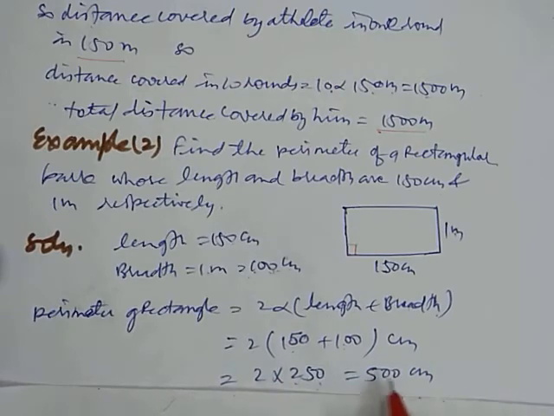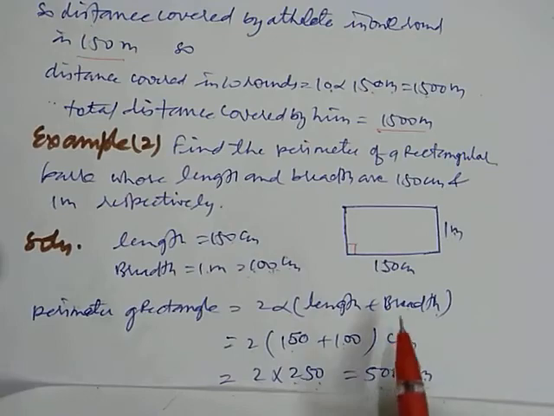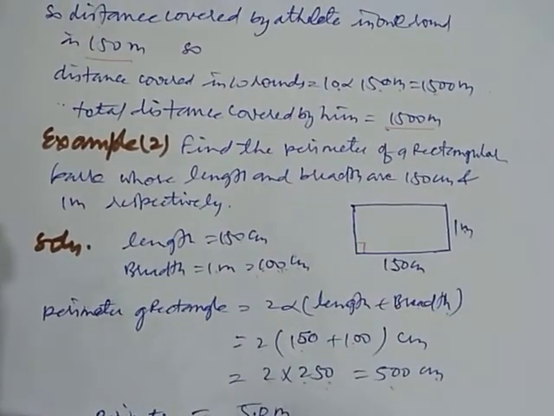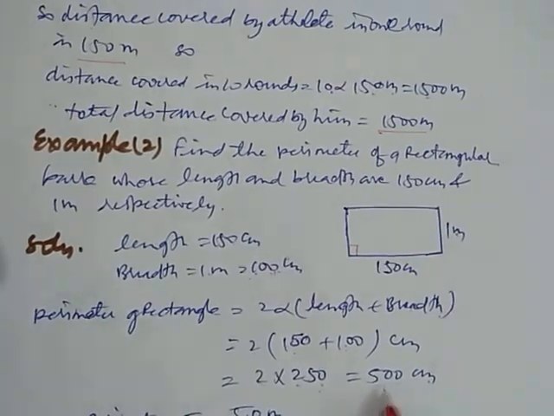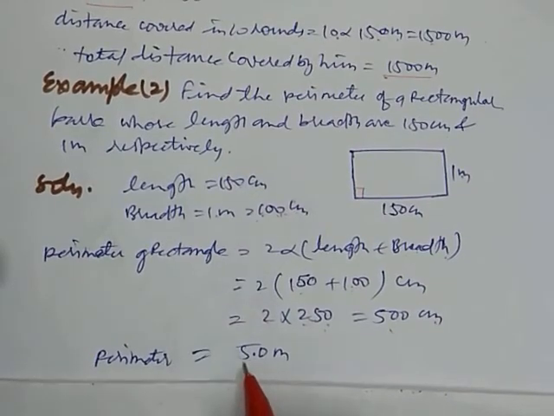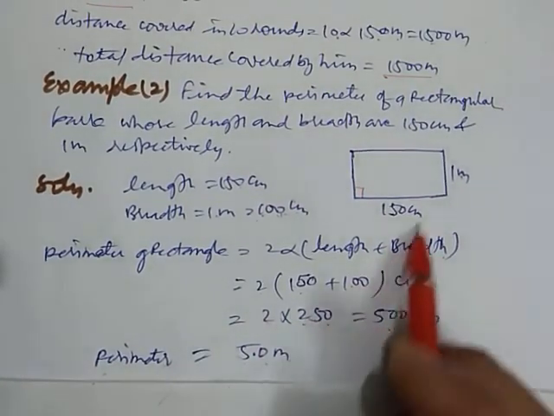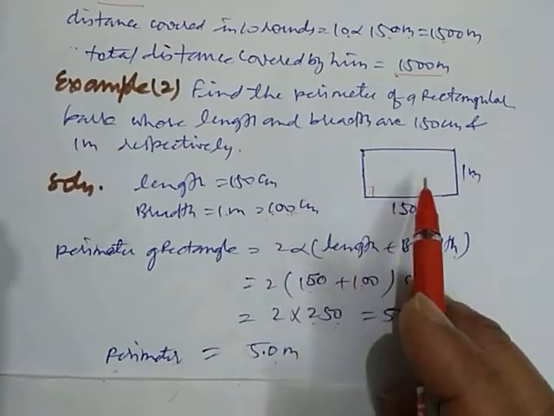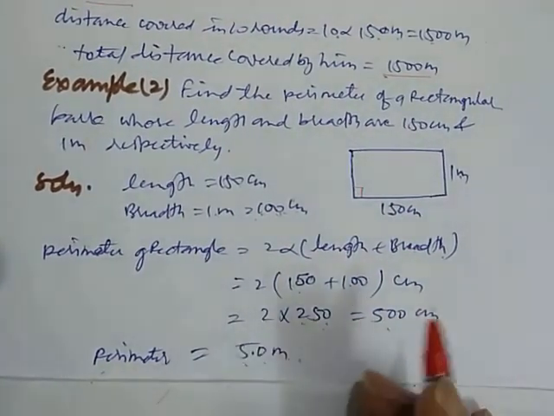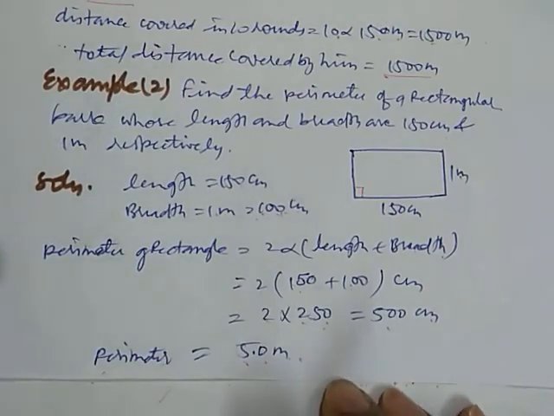So 2 into 250 is 500 centimeter. So 500 centimeter is the perimeter of this rectangle. Now we convert this into meter by dividing by 100, which gives 5.0 meter. So the perimeter of this rectangular park is 5.0 meter. This way we solve our problem.